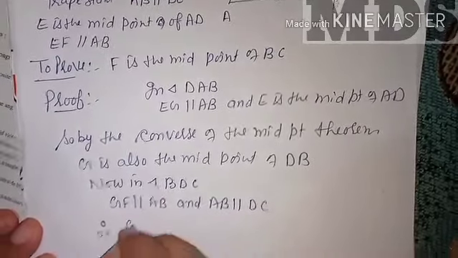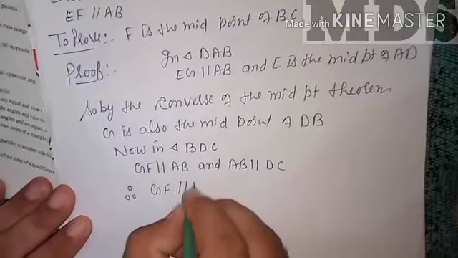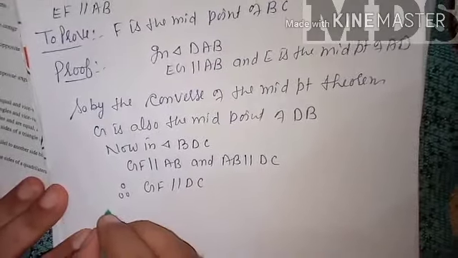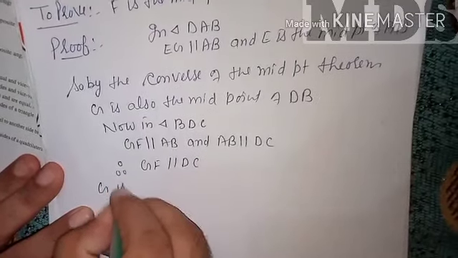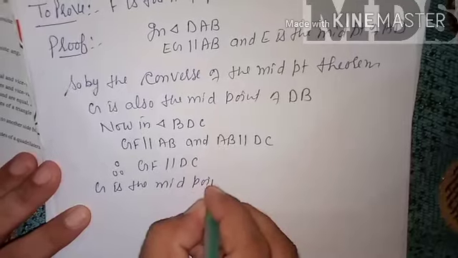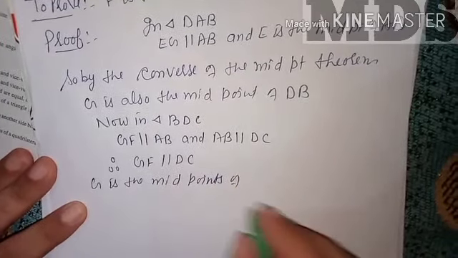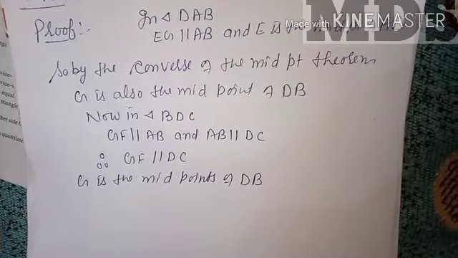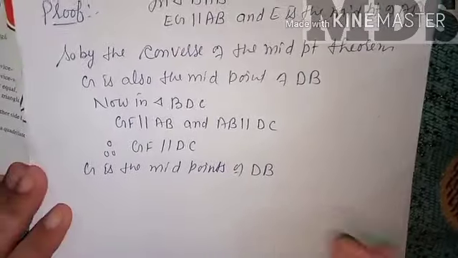Therefore GF is parallel to DC. Also G is the midpoint of DB.